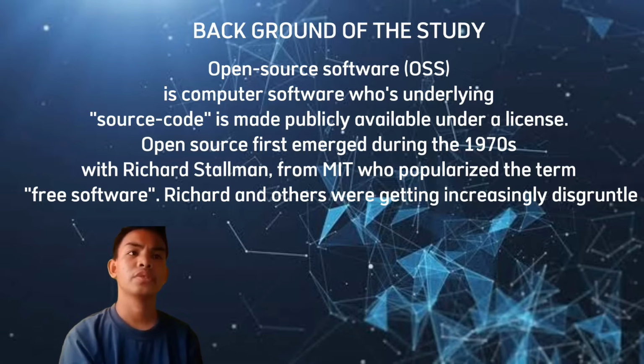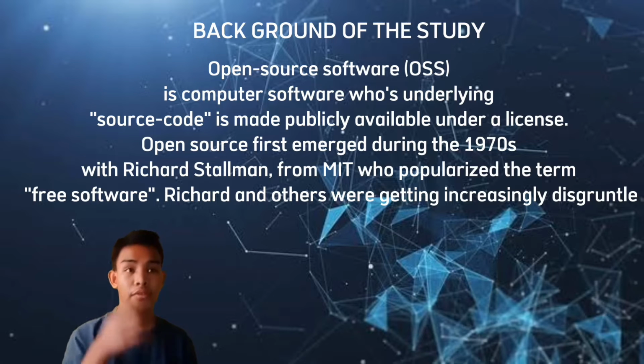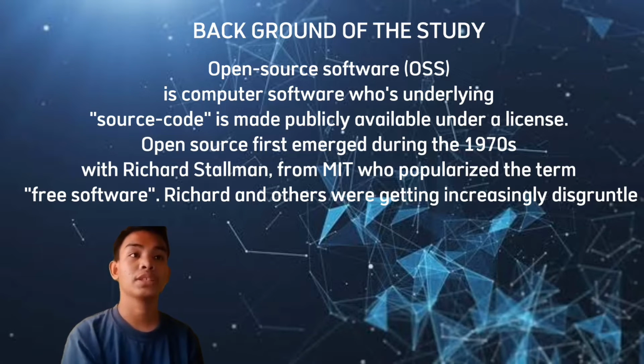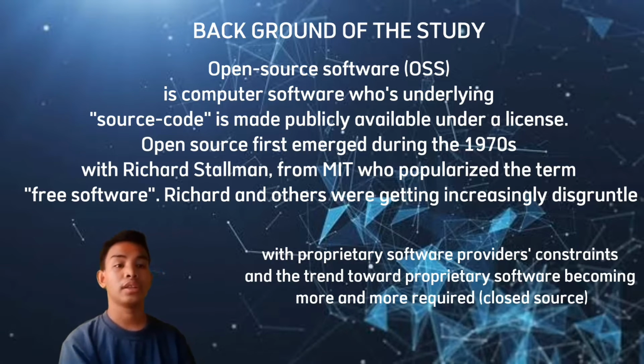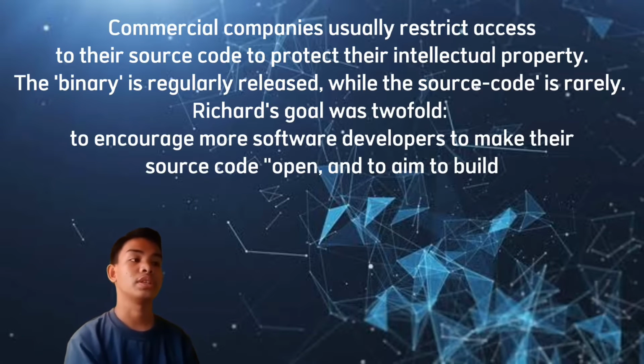Open source first emerged during the 1970s with Richard Stallman from MIT, who popularized the term free software. Richard and others were getting increasingly disgruntled with proprietary software providers, constraints, and the trend toward proprietary software becoming more and more required, also known as closed source.